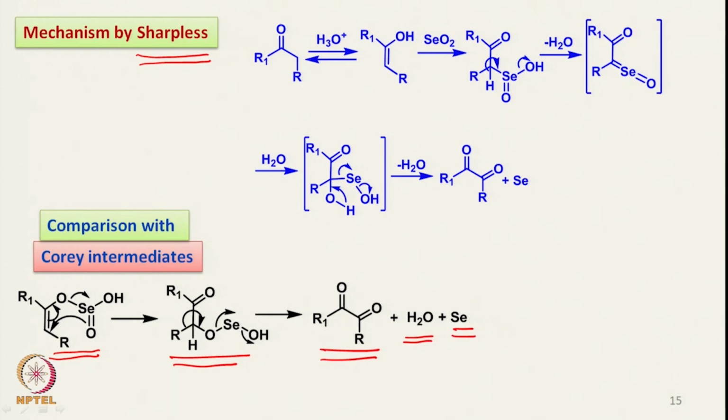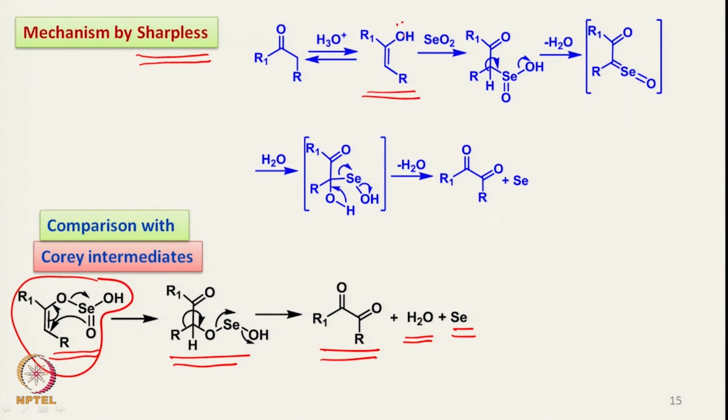So the only difference between the mechanisms by Sharpless and Corey is that when this enol reacts with selenium dioxide, in the Corey case this intermediate is formed where oxygen from here attaches onto the selenium dioxide.